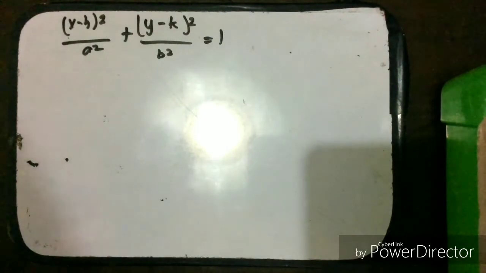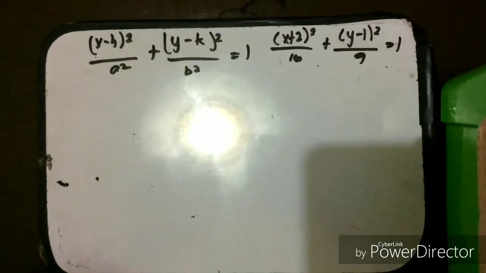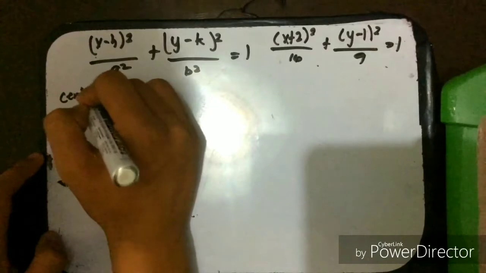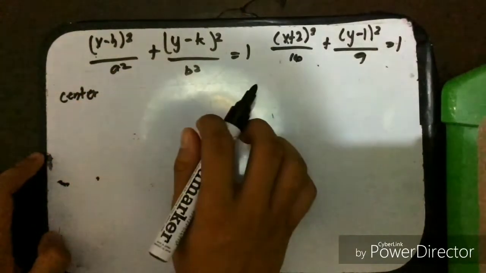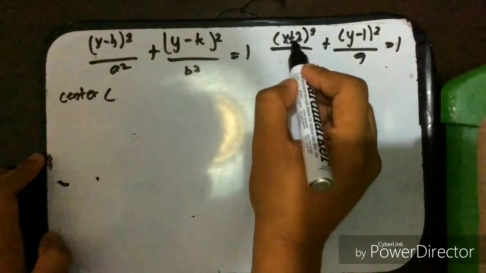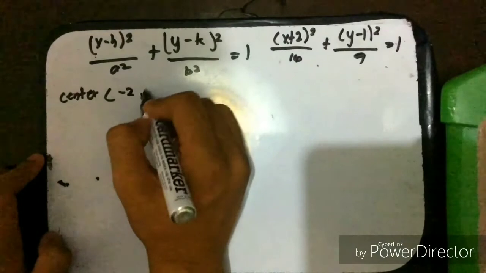The other standard form of an ellipse has the center at h and k. So using the translation of axes, we obtain the standard equation. So, determining the coordinates for it, your center now is at h and k, so it doesn't have to be 0. So, 2, negative 2, and 1 for positive 1.